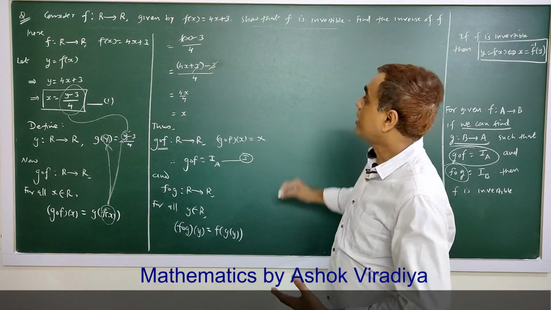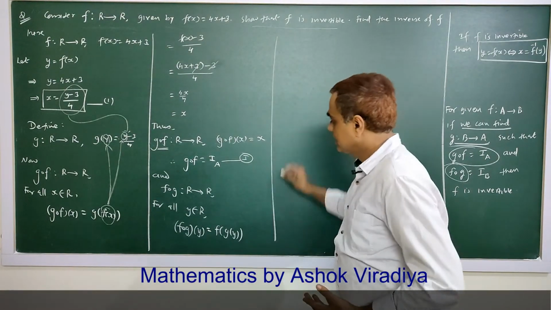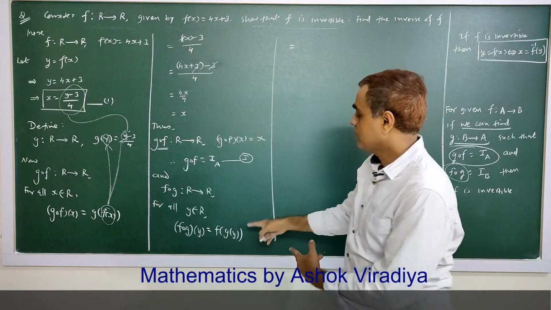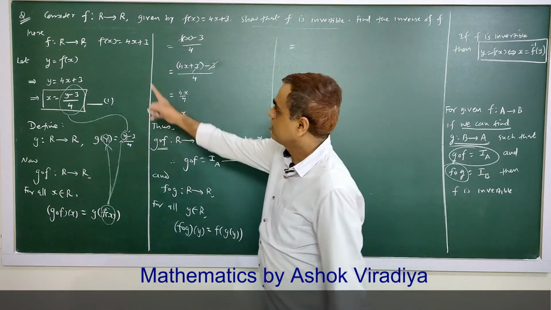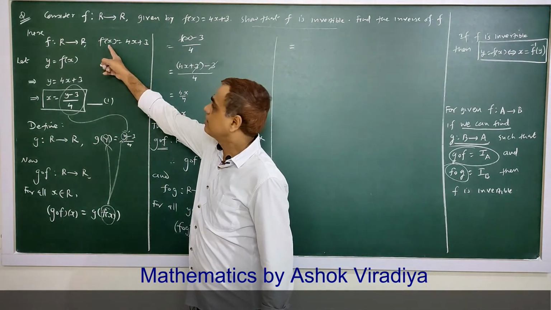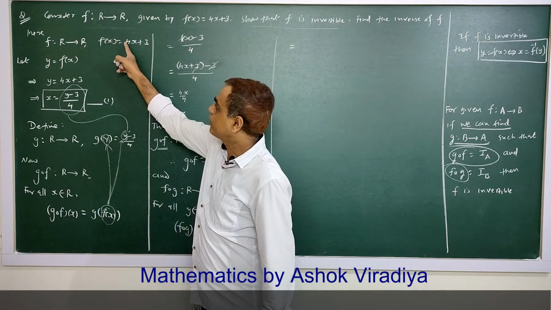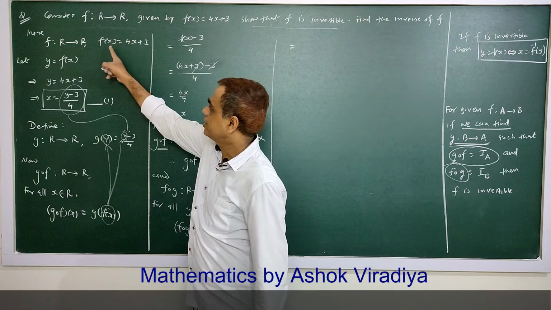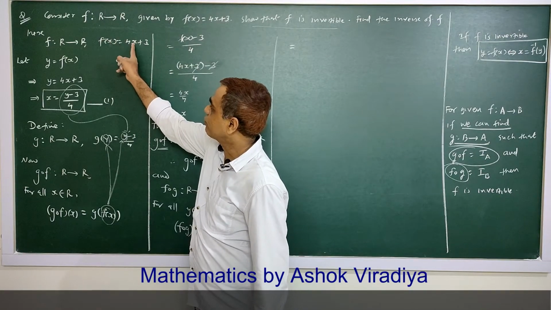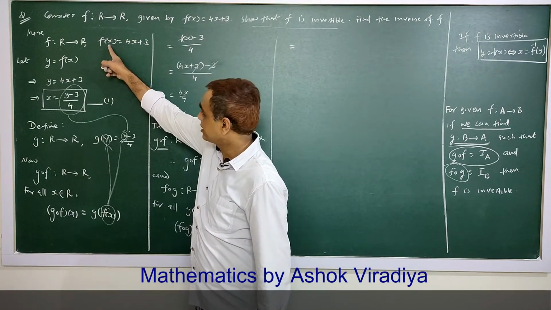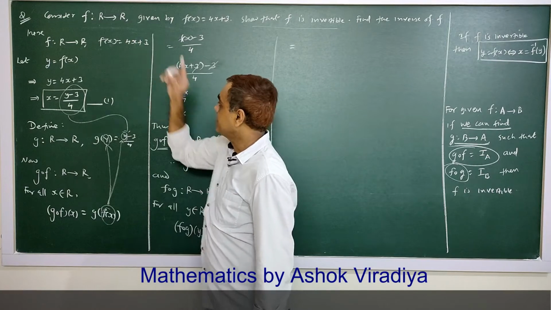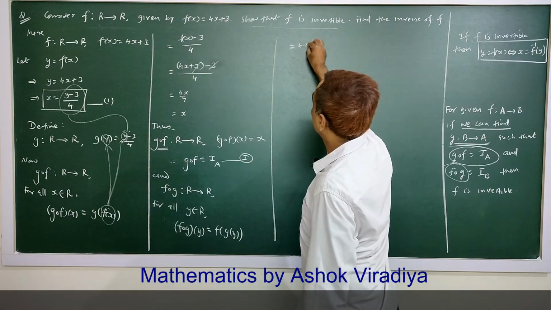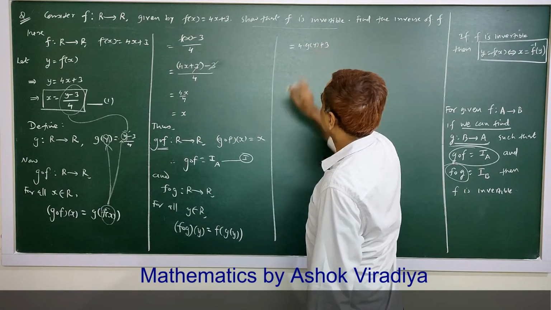Now f of g(y). So put here g(y). f of g(y) is 4 into g(y) plus 3. Whatever you keep here, keep the same number here. Here I am putting g(y), so put here g(y). So f of g(y) is 4 into g(y) plus 3.